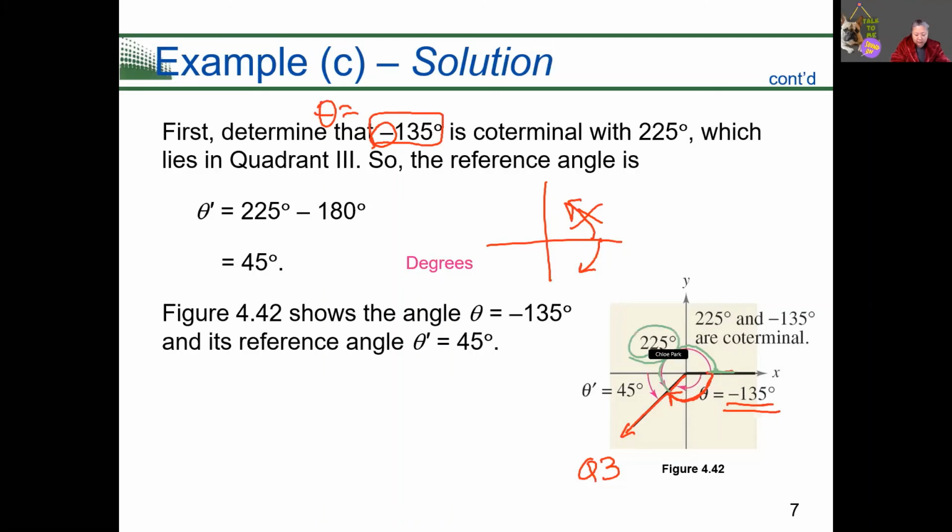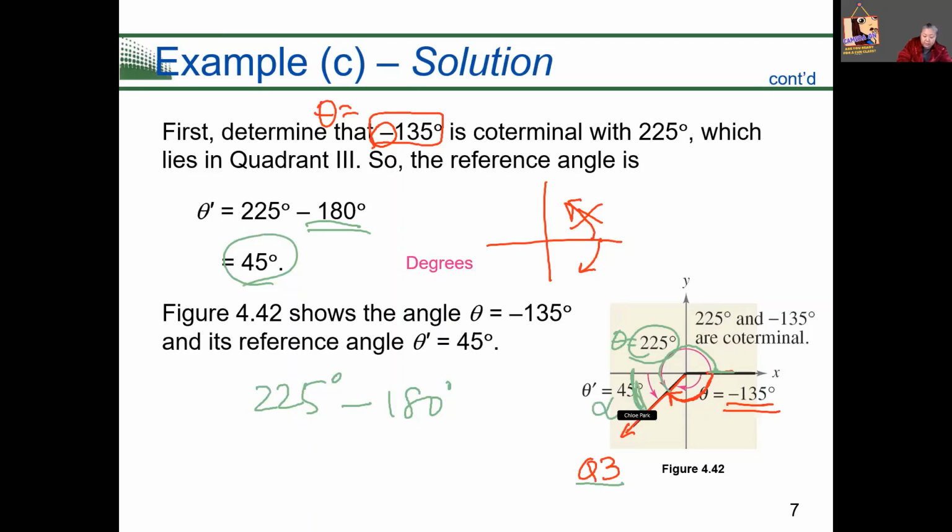So theta becomes +225. Since we are calculating the reference angle in quadrant 3, it's the original angle 225, now positive, and I take away 180. That's the formula for any angle placed in quadrant 3. So the reference angle is 45, because 225 minus 180 is 45.